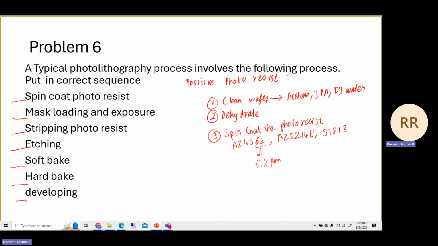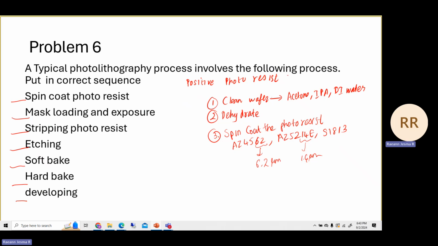But for S1813 it will be around 1.4 micrometer if we follow the standard parameters. But again, the thickness can be varied by varying the rotation speed as well as the duration of the spin. In the data sheet of the photoresist, they will have some range of thicknesses, which we can obtain by using a particular speed or particular duration.